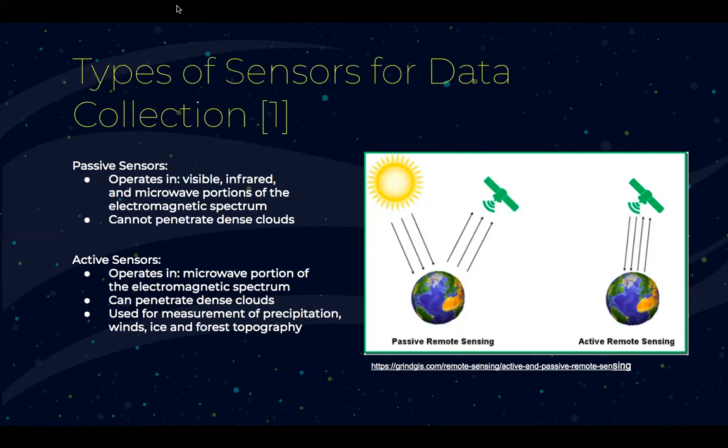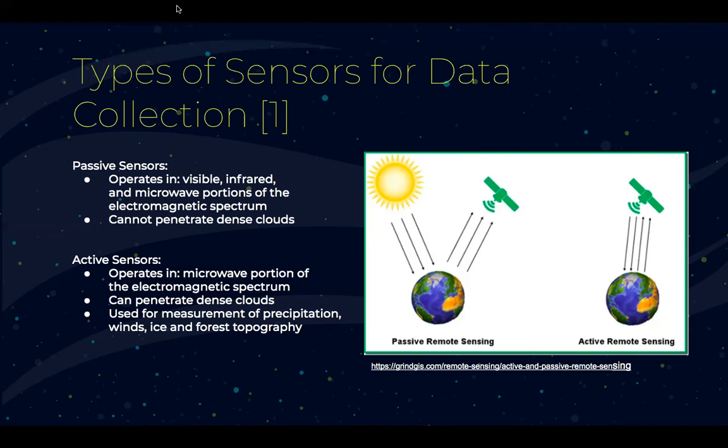One drawback to this type of sensing is that it cannot penetrate dense clouds, making it difficult to get constant measurements of properties that lie below where the cloud cover forms. Some examples of passive sensors are radiometers, accelerometers, and spectroradiometers, all of which are used to measure the land and sea surface temperatures, vegetation properties, cloud and aerosol properties, and other physical properties.